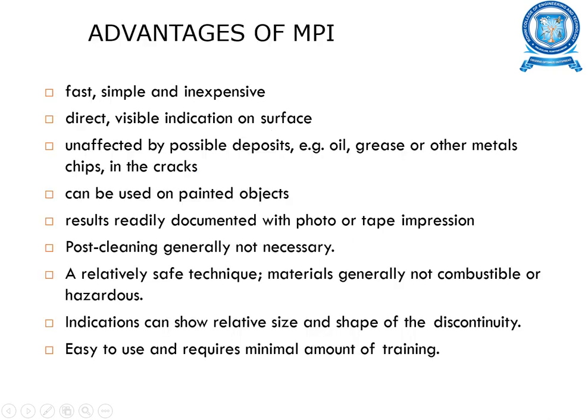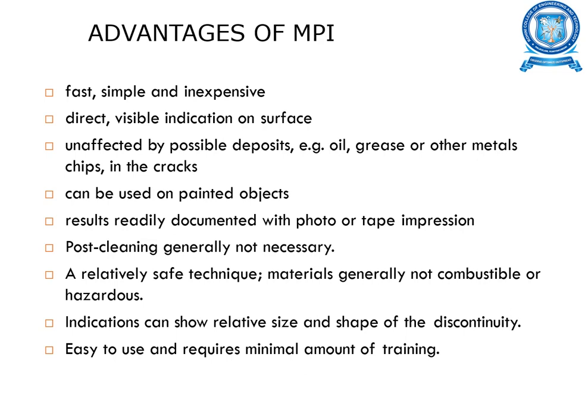Advantages of magnetic particle inspection: it's very fast, simple, and inexpensive. This method of testing gives a direct visible indication on the surface, and it's unaffected by possible deposits, for example oil, grease, or metal chips in the cracks. It can be used on painted objects also.